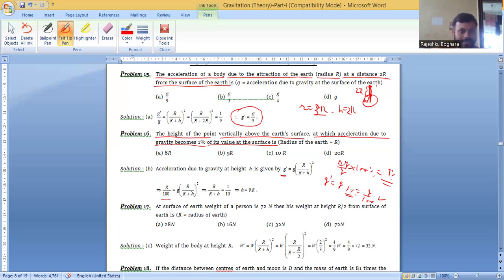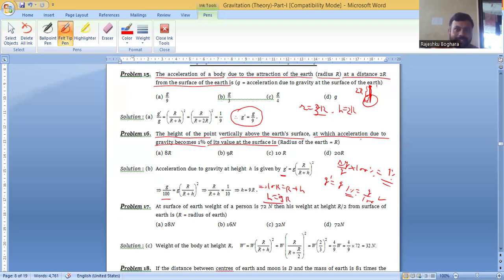So g cancel, take both sides square root, 1/10 equals r upon r plus h. Now here 10r is equal to r plus h. So h is equal to 9r.